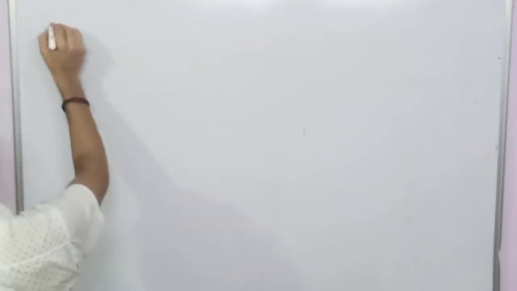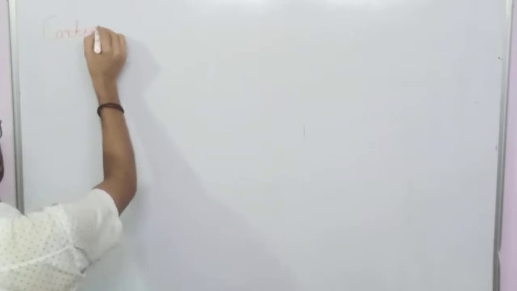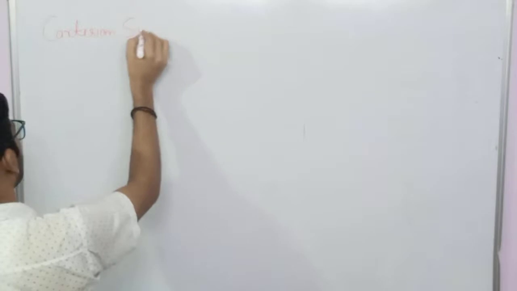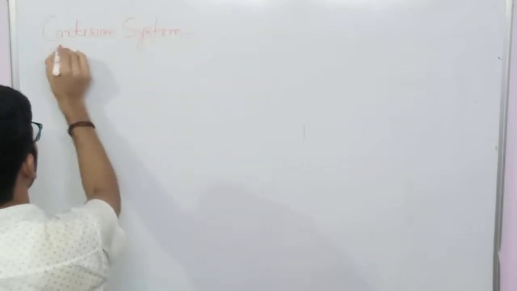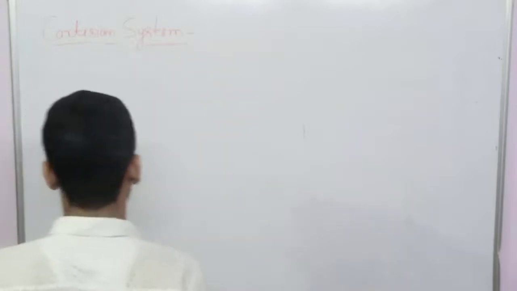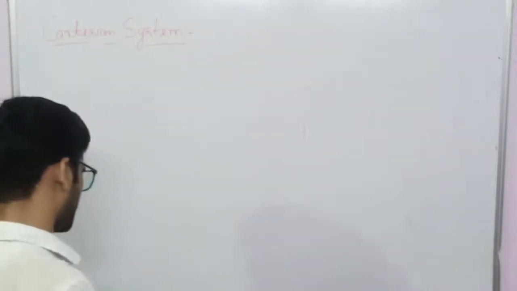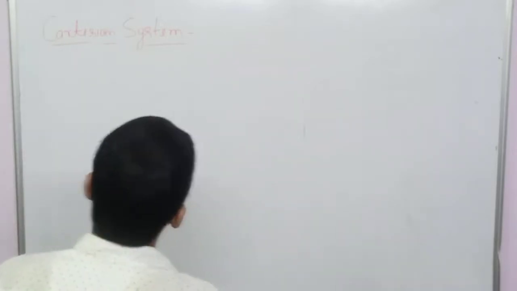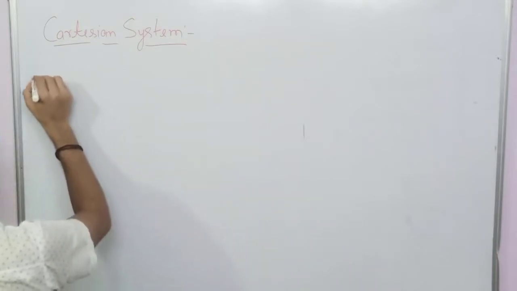Cartesian system. Let's start here with a real line. You can draw a real line.